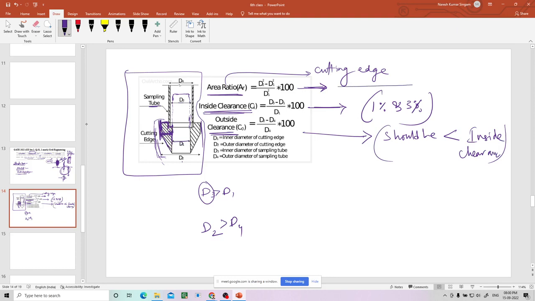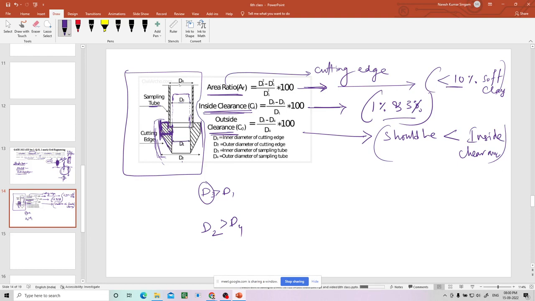And area ratio should be less than 10% for soft clays. For other materials, it can be less than 20%. So these are the ranges. When you design, these three things should be within these ranges. That is the concept behind the design of the sampling tube.